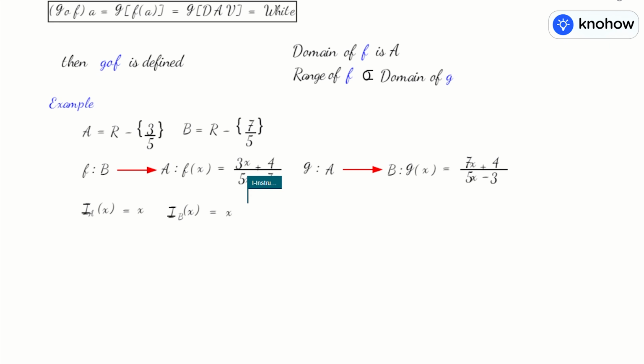Then IA is the identity function on set A and IB is the identity function on set B. So under all this given, we have to prove that FOG is IA and GOF is IB. That's what we have to do.